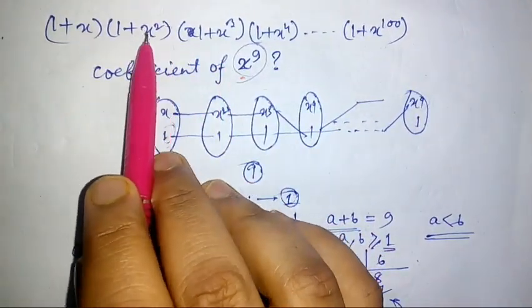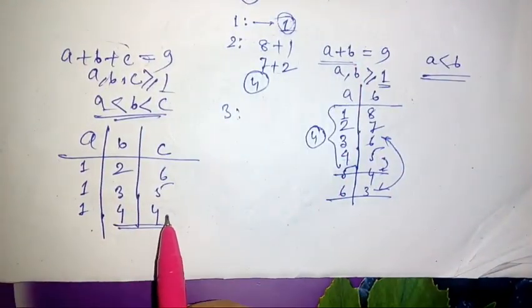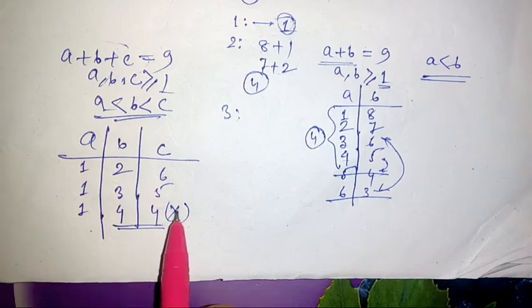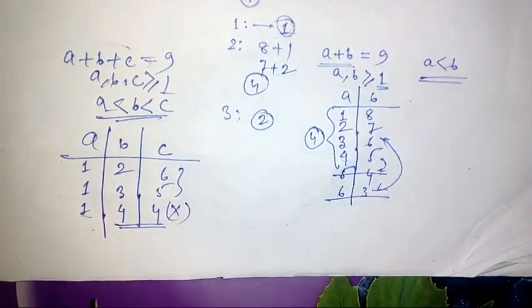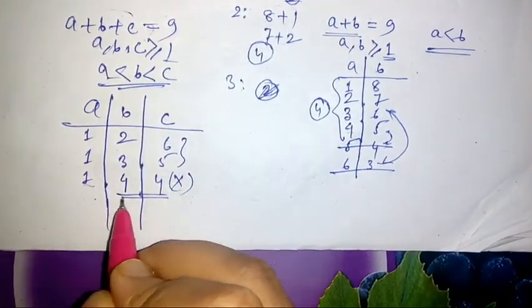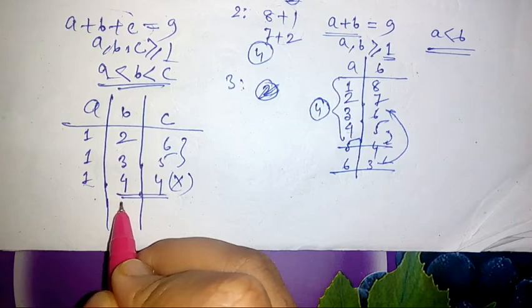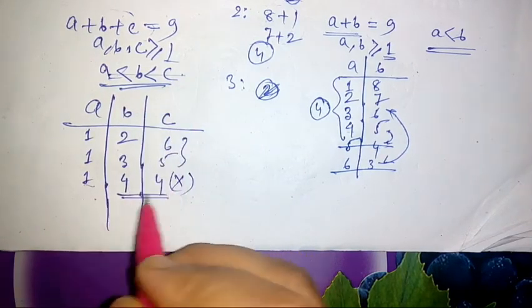If I have x square here, I cannot have x square in any other term. So since the powers of x are distinct, I cannot get this result. I am automatically cancelling it. So I get here only 2 possibilities. Sorry, I cannot conclude; I have to proceed again to confirm that. And if I count this down to 5, then it will be 3. So this inequality will not be true, so I am not proceeding.